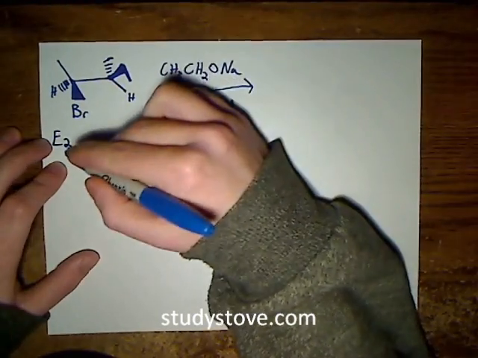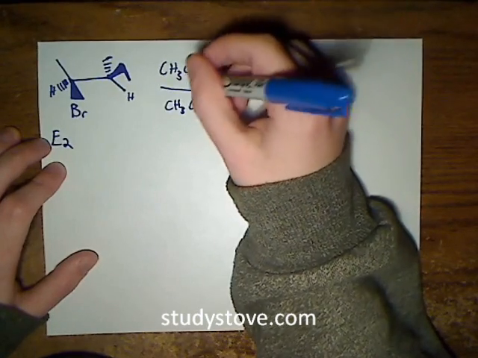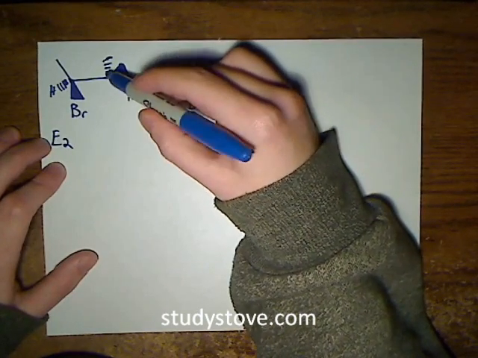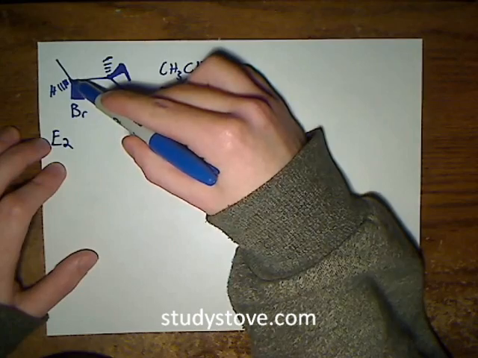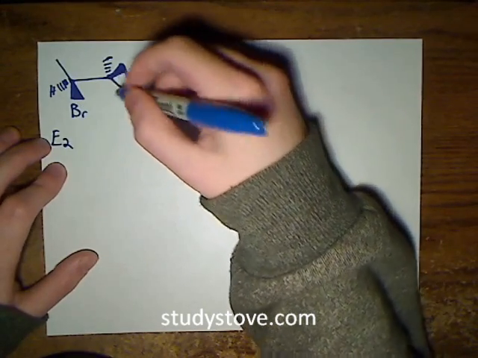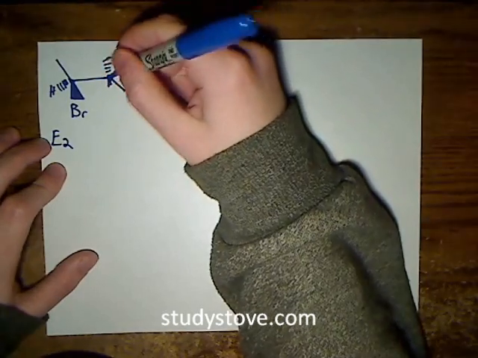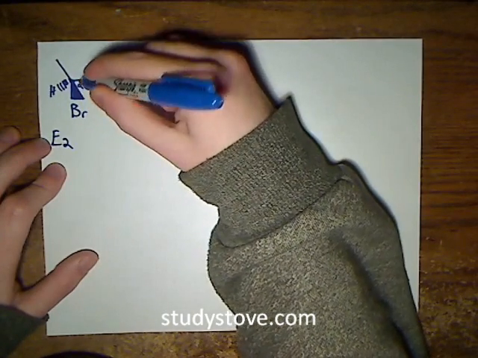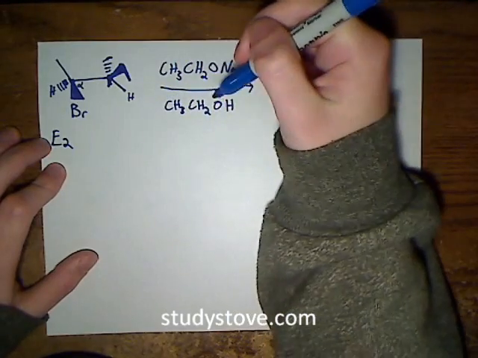And in an E2 reaction, the strong base comes in and takes a proton off of the carbon that is adjacent to the carbon with the leaving group on it. You'll often hear this carbon referred to as the beta carbon, with the alpha carbon being the carbon that has the leaving group on it.